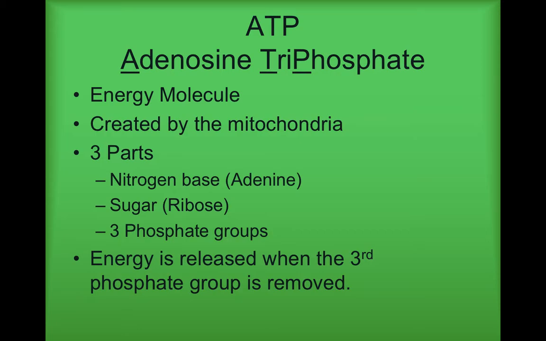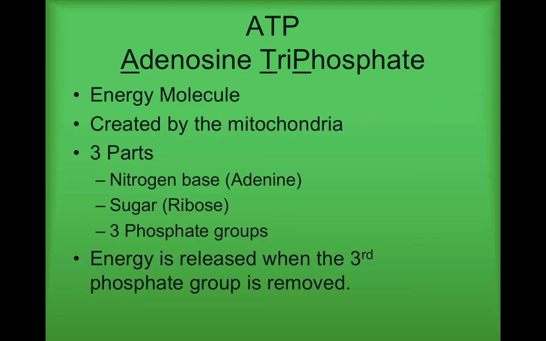Now, a lot of students will think that the A stands for adenine, and it actually doesn't. If you want to think about it that way, that's fine, but it is adenosine, and I'll show you what adenosine means on the next slide so you can have a visual representation. Basically, adenosine takes into context the nitrogen base and the sugar as well.